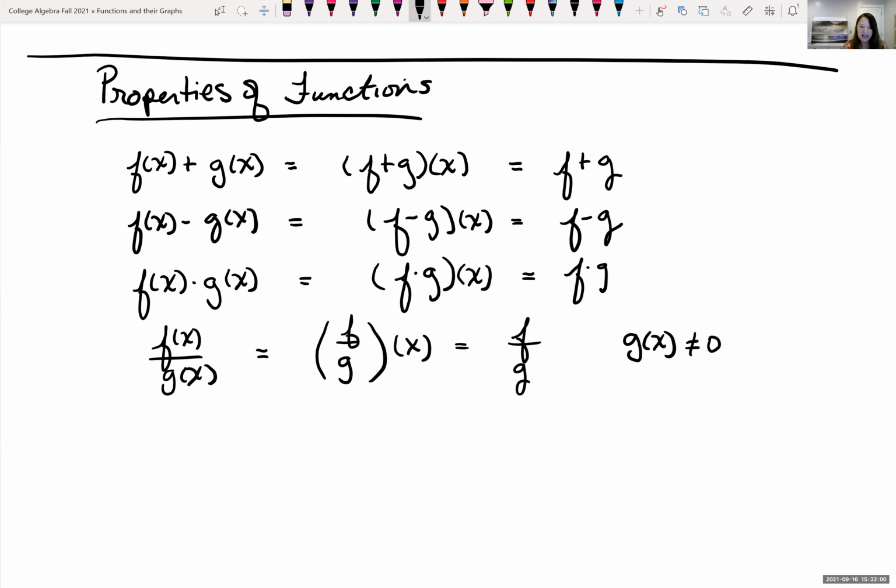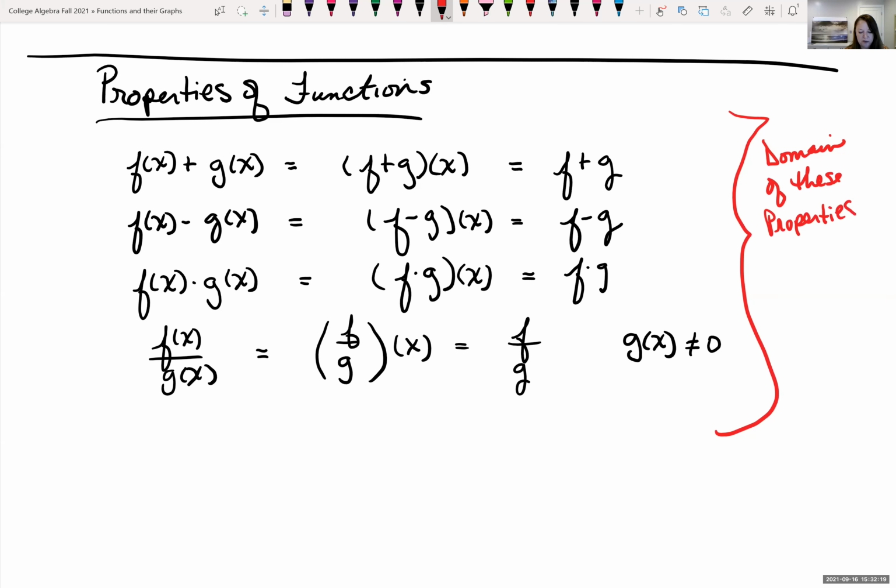So if we were looking at the domain of these properties, we would have to look at the domain of each piece. I would have to look at the domain of f of x, and I'd have to look at the domain of g of x. And then we would take what they share in common.